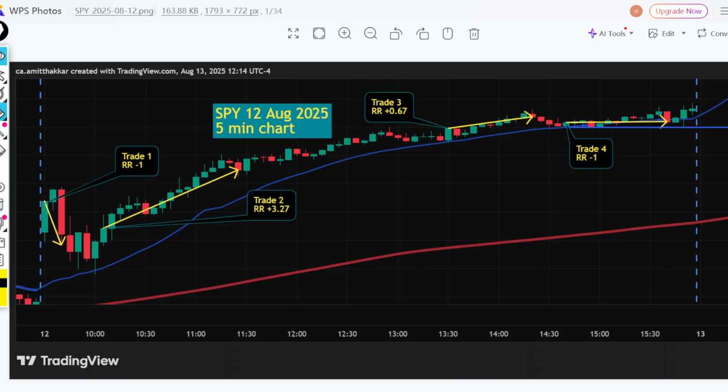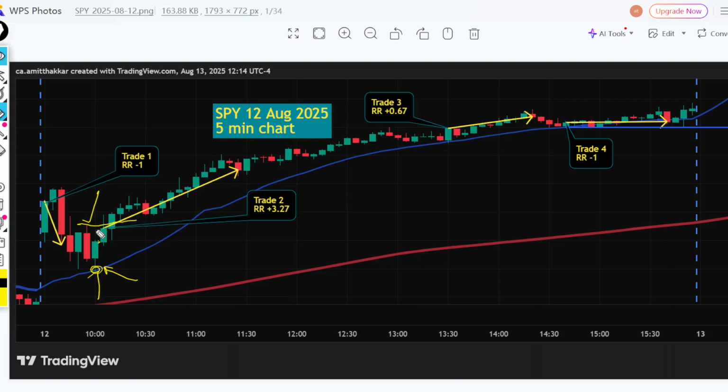After this, the market consolidates for some more time, and on candle number 7, it touches the 20 moving average right here, and it's a bullish candle, but it has not taken the high of the previous candle number 6.